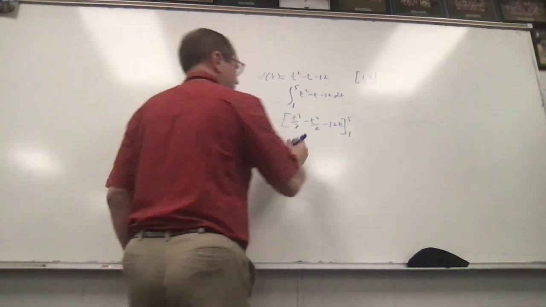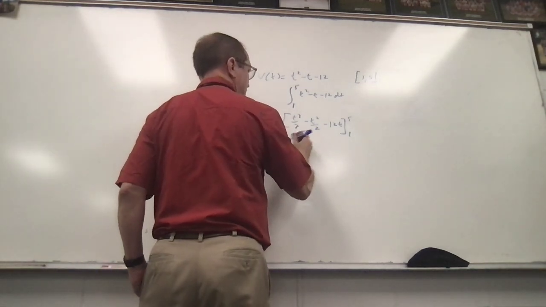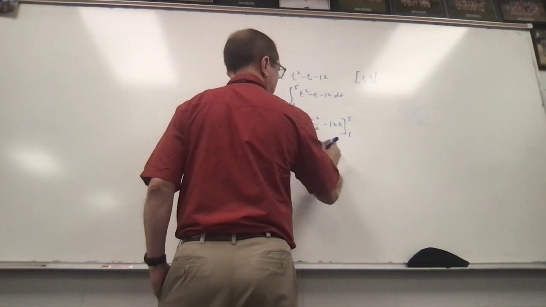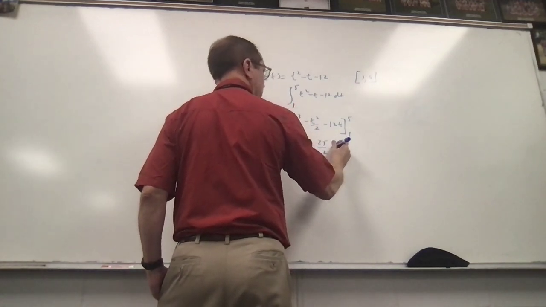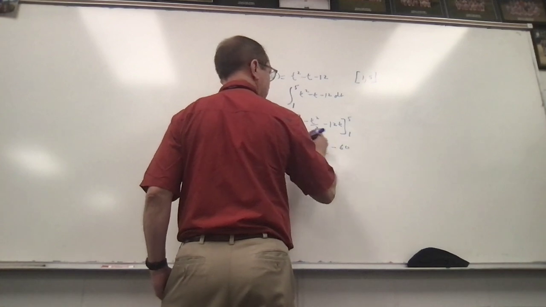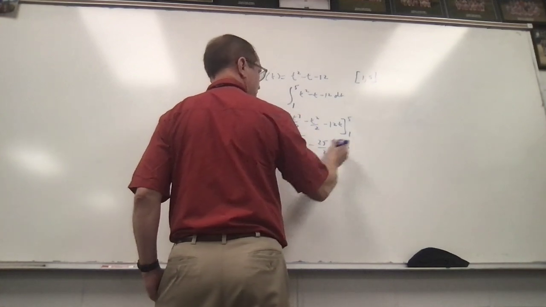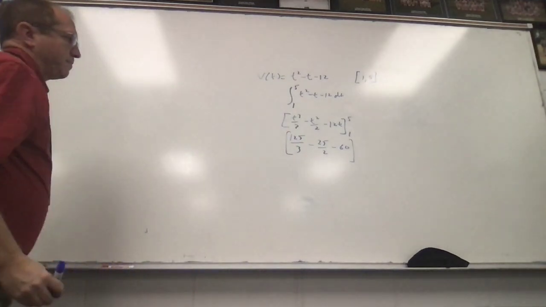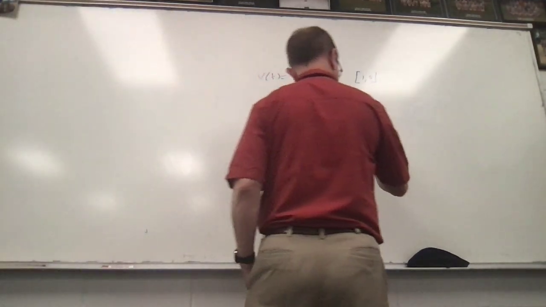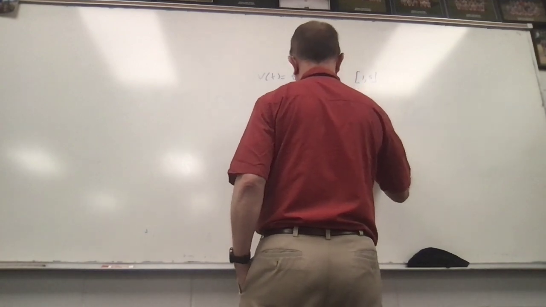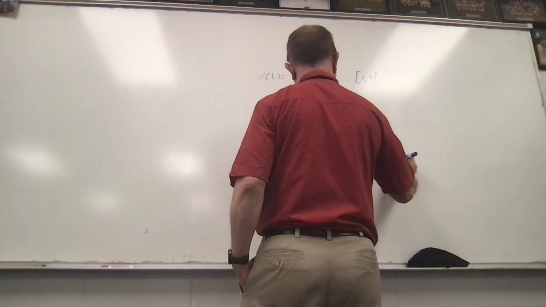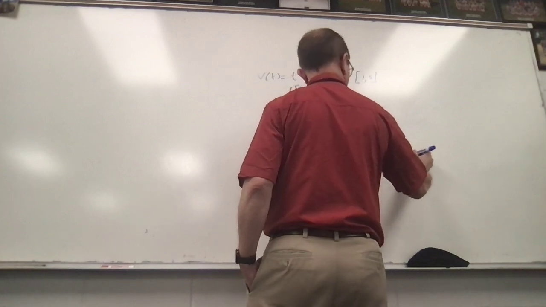So that's 5 cubed, which is 125 over 3 minus 25 over 2 minus 60, and then minus 1/3 minus 1/2 minus 12.